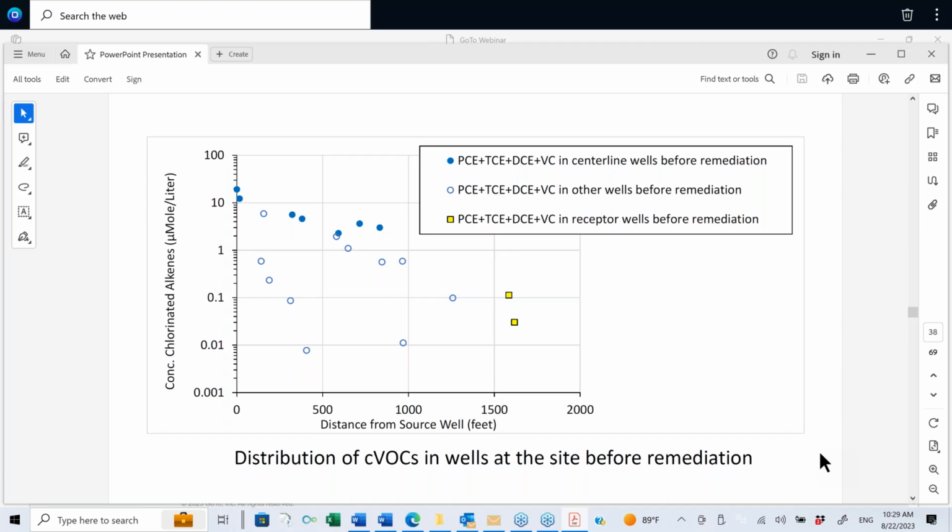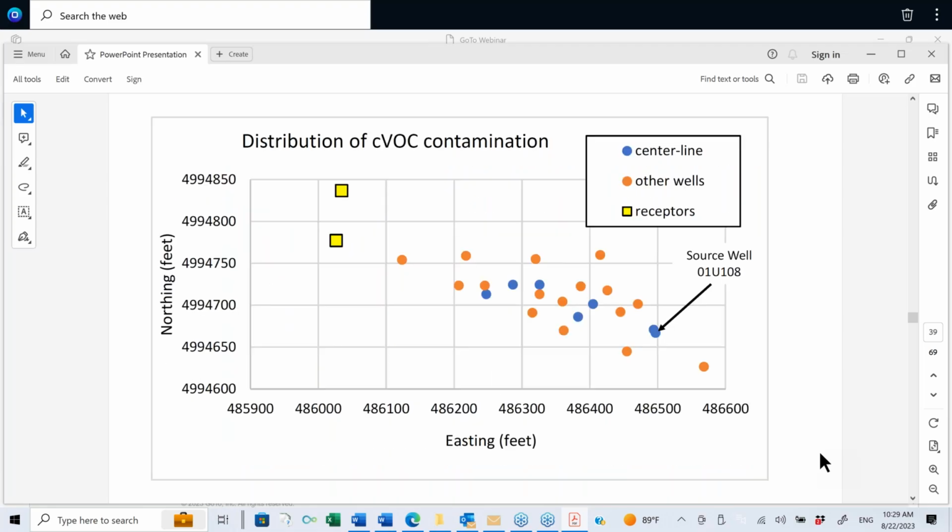So I went through this process of weeding out the stuff that was askew the plume center line. So the filled blue circles were, in my professional opinion, the center line wells. And so this identifies those center line wells on the map.